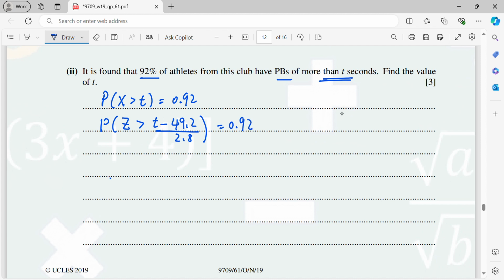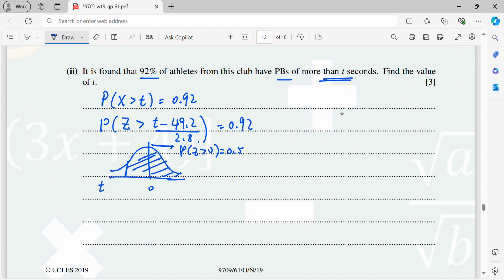Now here I need to decide where my line is. When P(Z > 0), that is only 0.5. But now the probability greater than the line is 0.92. That means the line should be on the left side, so that you have a bigger region.